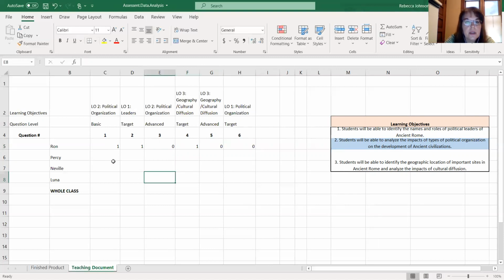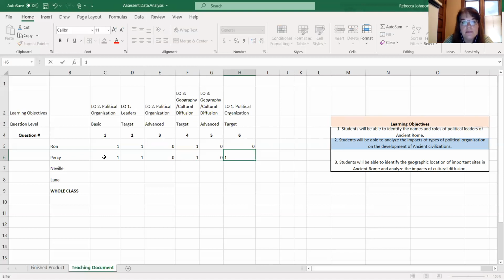Okay. Now, Percy got question 1 right. So I put a 1 there. Question 2 right. And question 3, he missed. Question 4, he got right. Question 5, he got wrong. And question 6, he got right.